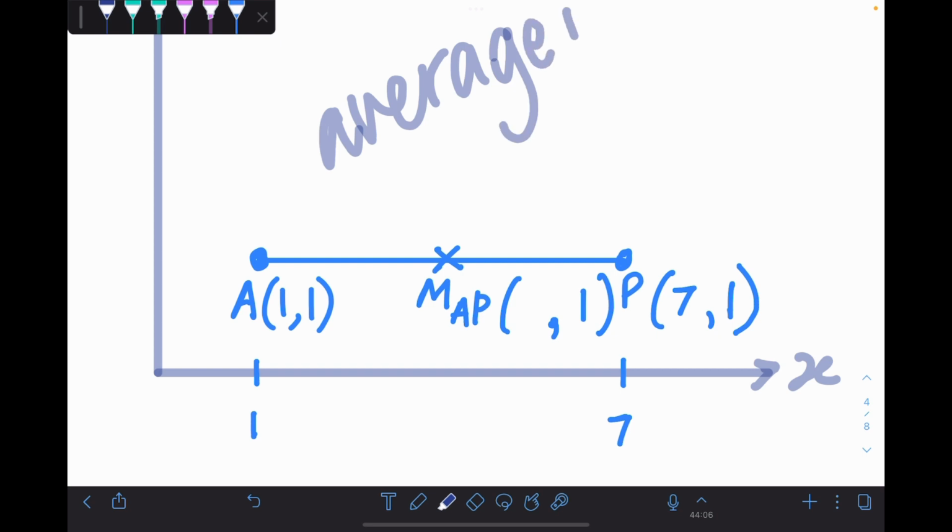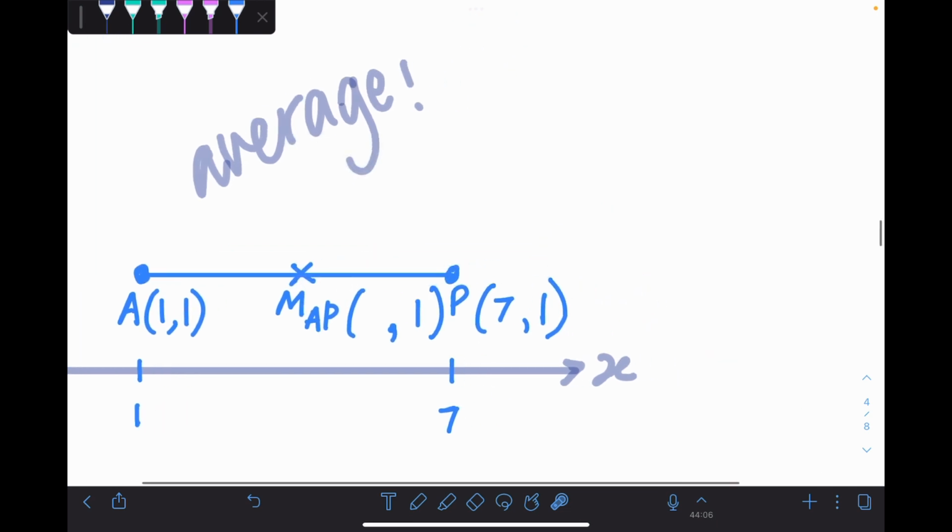That's where we add all your numbers together, however many you have, and then divide by however many numbers there were. In this case we only have 2 numbers, so we're just going to divide by 2. So let's do that.